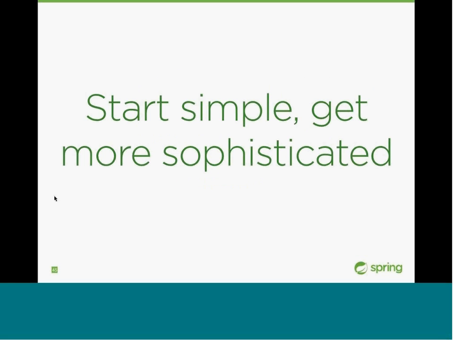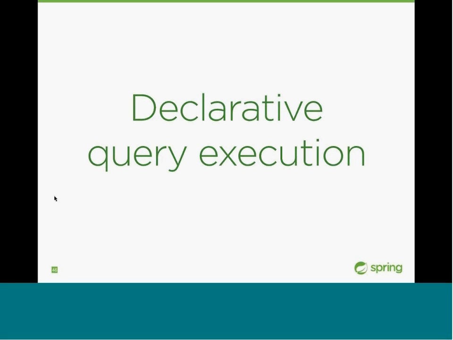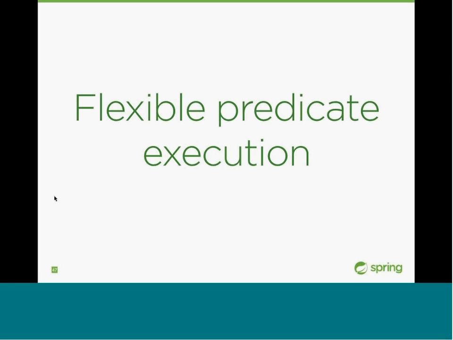Start simple, as the code you've seen does, and get more sophisticated if needed. So make the simplest thing possible work in the first place. We have declarative query execution either through derived queries or manually declared ones. We have support for flexible predicate execution with Querydsl. There's also support if you need to stick with the criteria API.